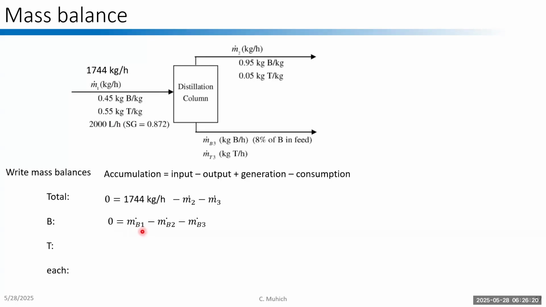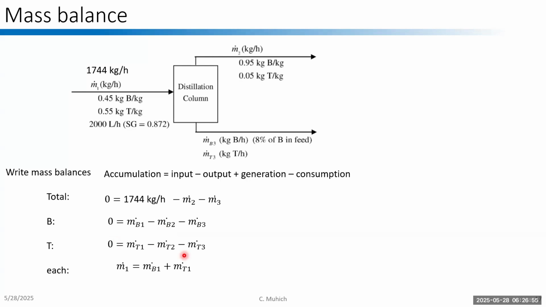So I have M1, but I'm specifically referring to this as the butane by writing that B down there. I have 2 flows of butane out, M2 and M3. So now I have an additional piece of information. I can do the same thing for toluene, where I now have my T in there so that I know that I'm thinking about toluene entering and exiting my system.